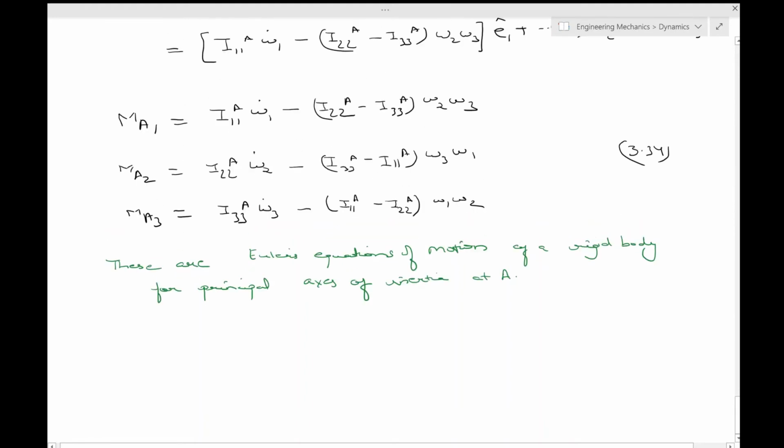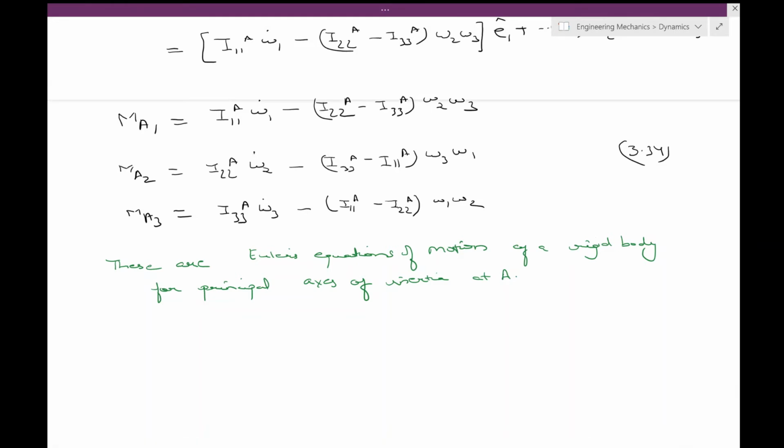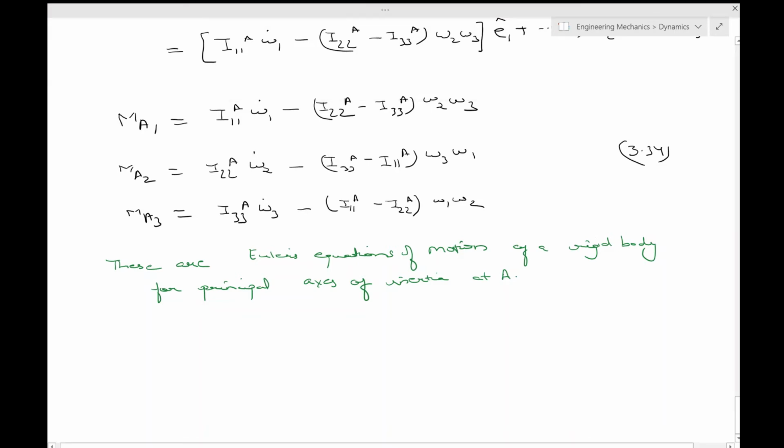Okay, now we can, just like the previous case, have some remarks mentioning some of the special cases. So you can see that these equations 3.34 are actually ordinary differential equations, because omega 1 dot, omega 2 dot are just differentials of time.